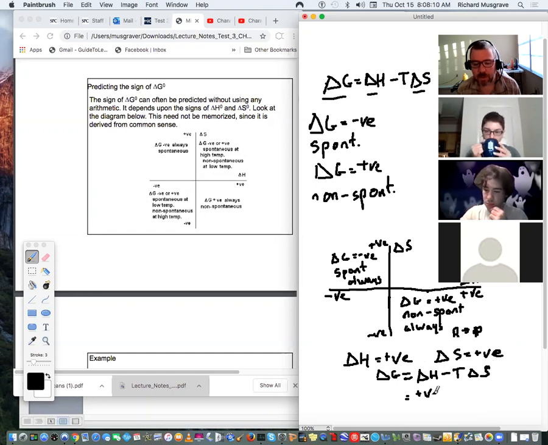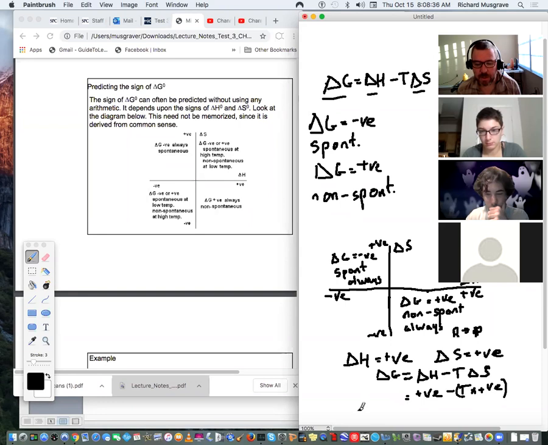So we have a positive value minus T times a positive value. So in this case, the sign of delta G is going to be entirely dependent on the temperature and what the value of that is.